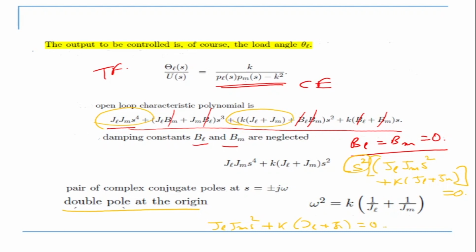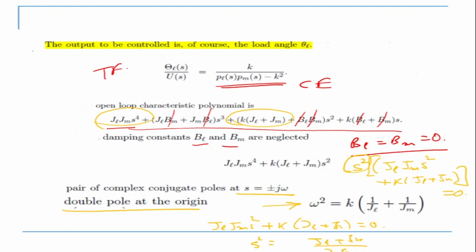If I put that, s squared will become equal to minus K into (JL plus JM) divided by JL JM, which is shown here, and it is K by 1 by JL plus 1 by JM. And this basically gives us a pair of complex conjugate poles at j omega.